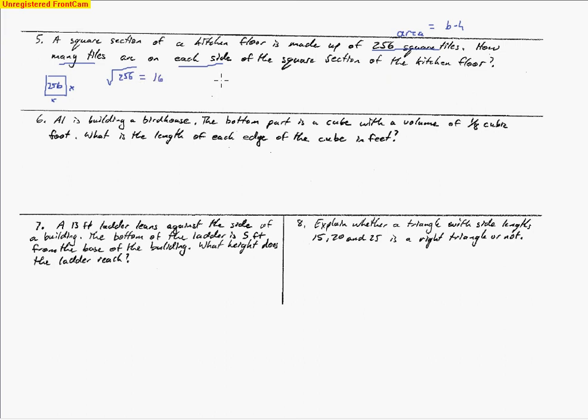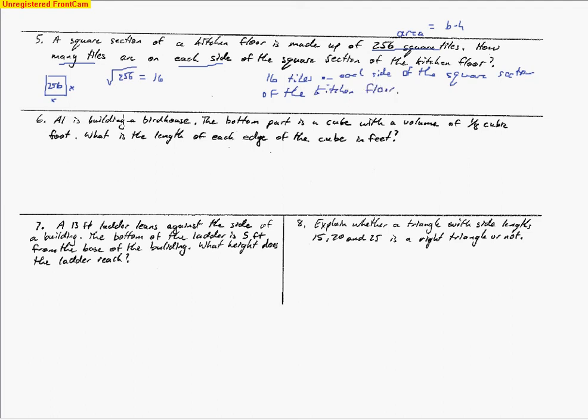So that means that I would have 16 tiles on each side of the square section of the kitchen floor.